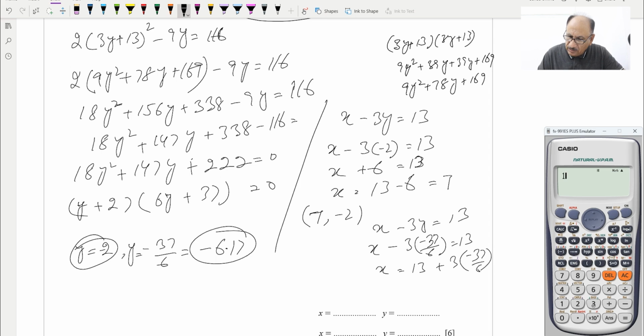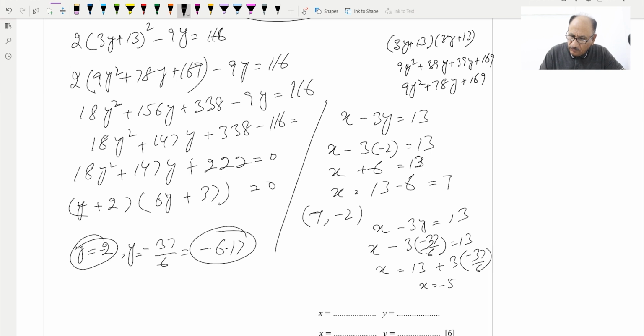This will be 13 plus 3 into, in brackets, minus 37 over 6, and bracket closed, and this is minus 11 by 2, or decimal value will be minus 5.5. So x is equal to minus 5.5.